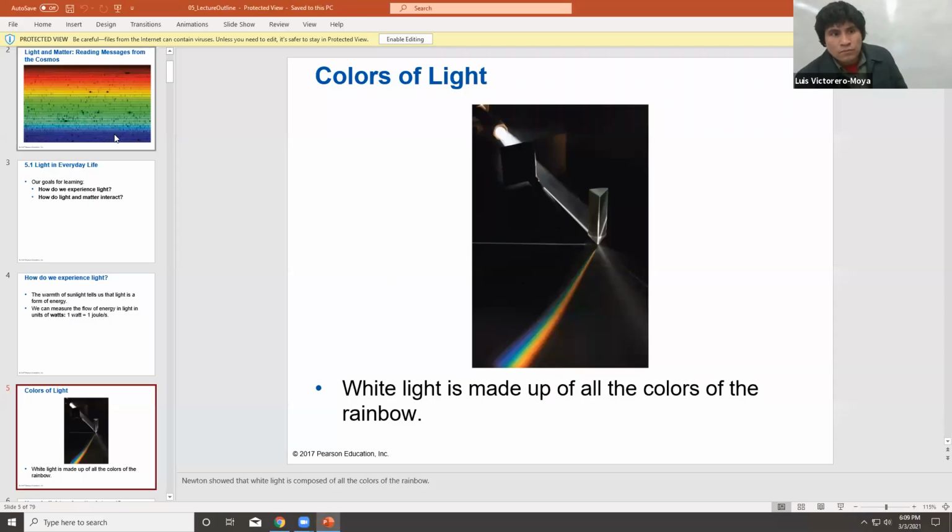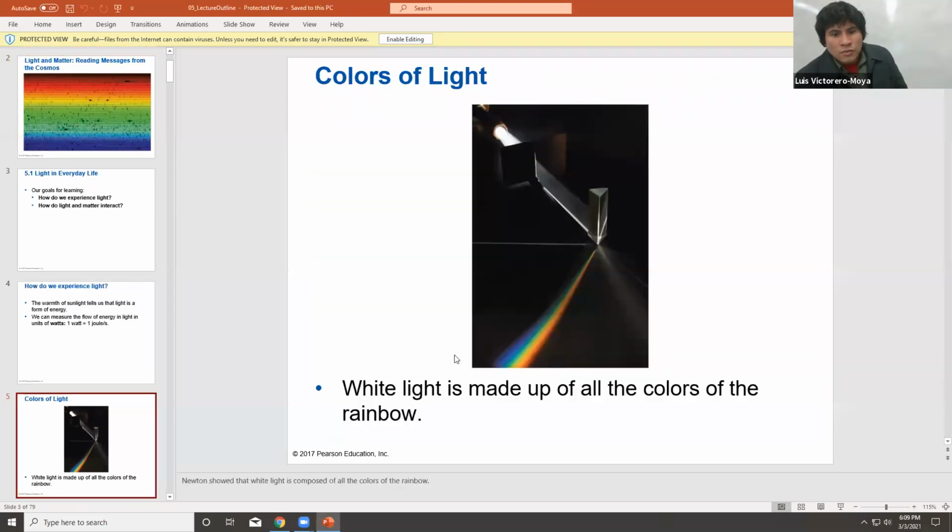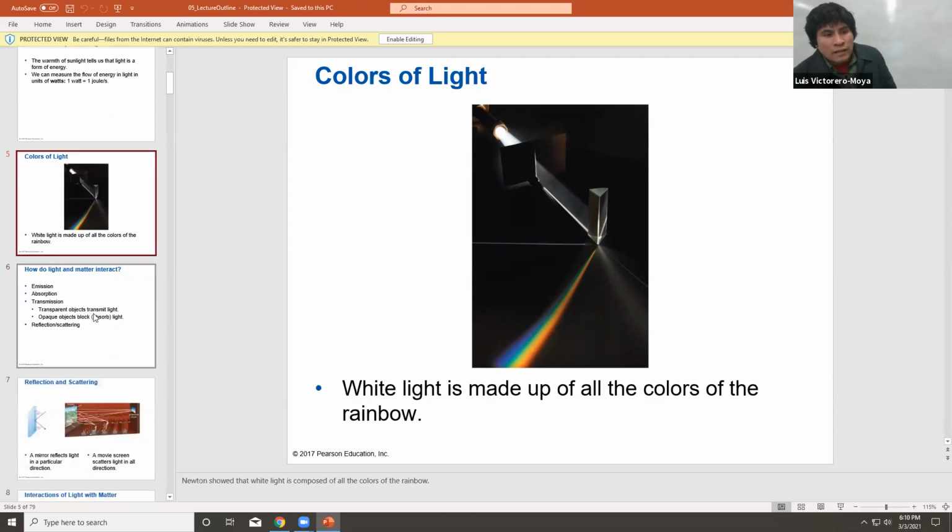But I'm going to show you later what type of objects will emanate those lines that you see there in the continuous spectrum of the sun, this one here, right? As you can see here, this is continuous without gaps. There's nothing in between the light source and what you're seeing here, except the prism. But the prism is just there to break up the light.